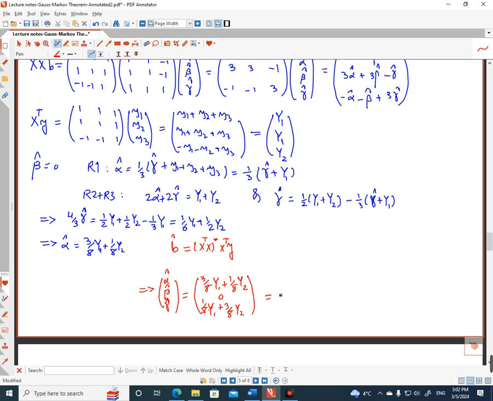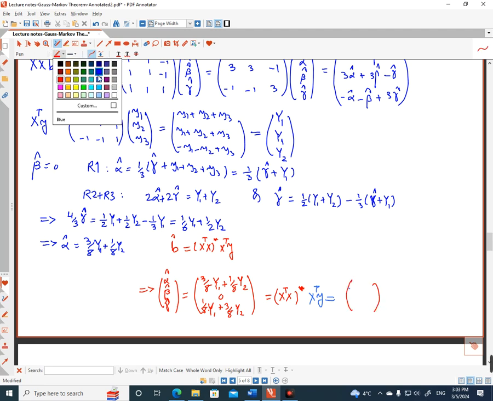We know that it is equal to x prime x generalized inverse, let me use the previous color, x prime y. But if you look at x prime y, the solution is a matrix multiplied by x prime y.